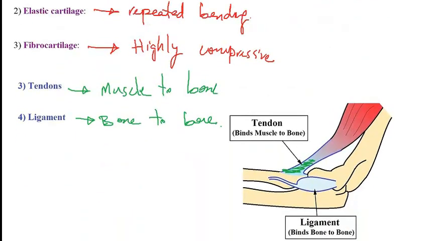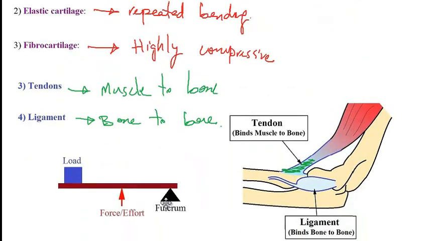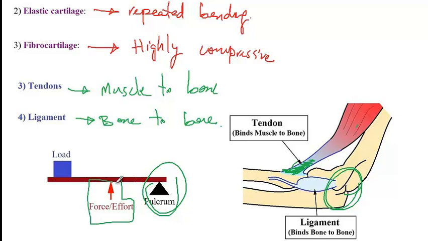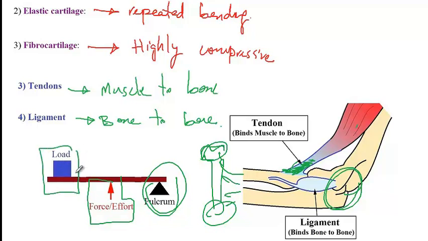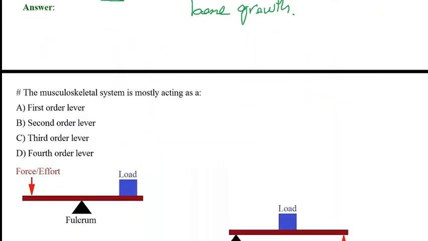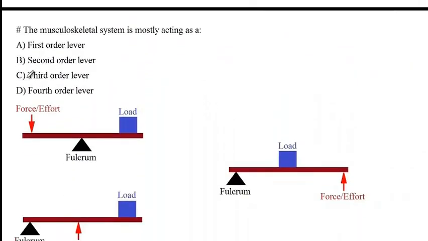Here is an example of the musculoskeletal system. We can see that we have the joint at one side, then there is the muscle effort in the middle, and then the weight bearing, so here holding with the hand some sort of weight, let's say a dumbbell, at the end of the spectrum. So the musculoskeletal system is mostly acting as a third order lever.